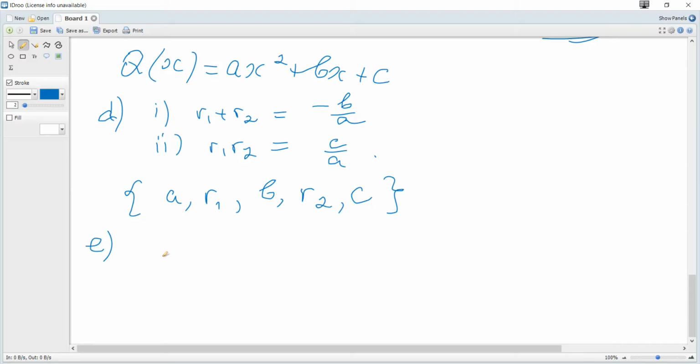Given that q of x is an AS quadratic function, write down an expression for r2 minus r1 in terms of a and b, 1 mark.